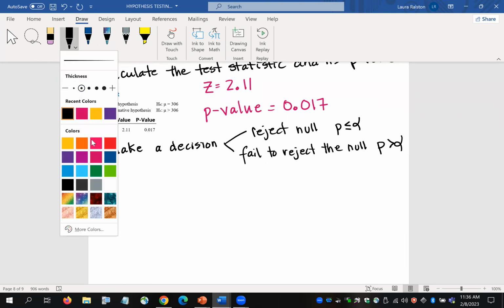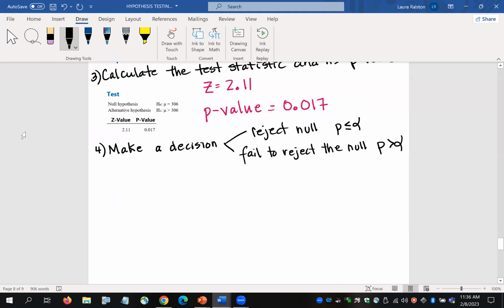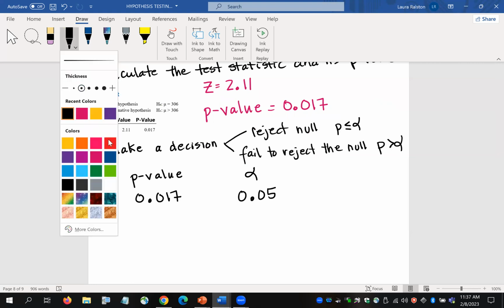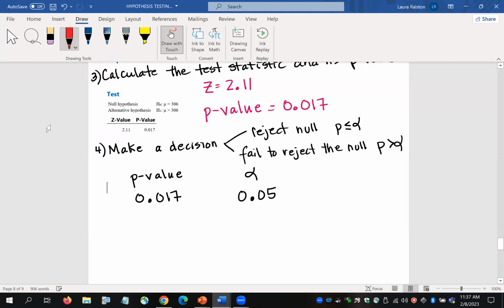Okay, so I'm going to write it out. I have my p-value, which comes from Minitab. It's 0.017. My level of significance in the problem was 0.05. Again, when you make this comparison, we do it digit for digit. So the first number after each decimal is a 0.